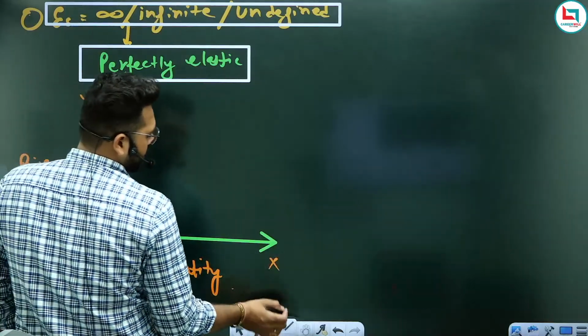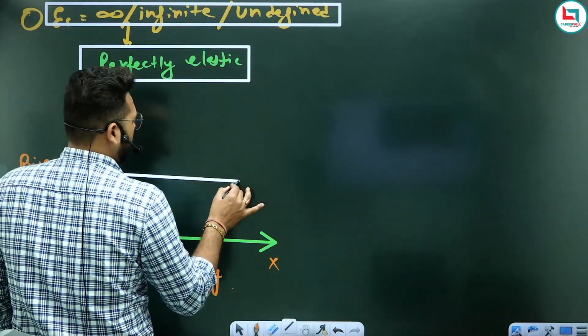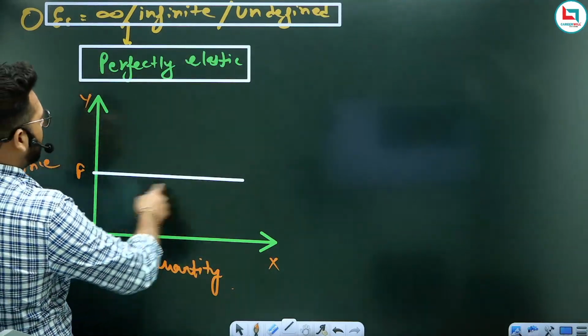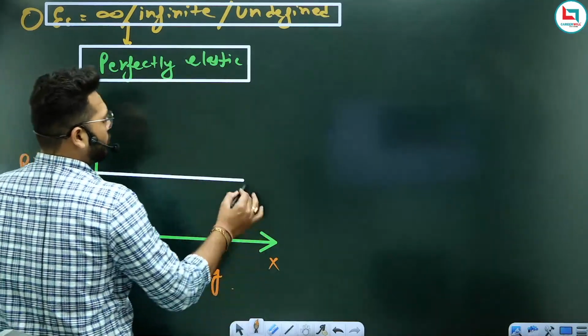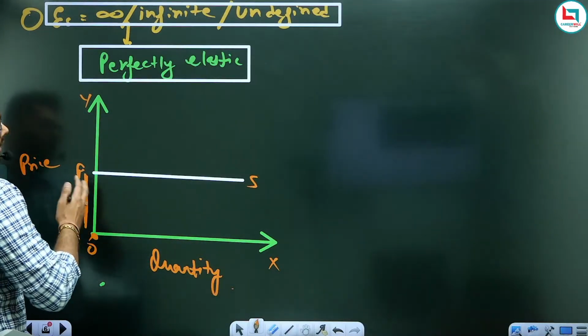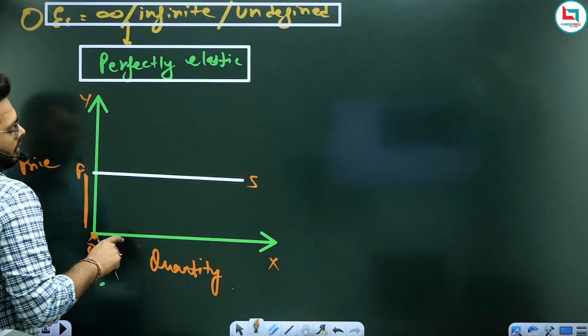At this price you are supplying the commodity. So this is what is called the supply curve. And at this price you are supplying how much, we don't know, because the price is constant.